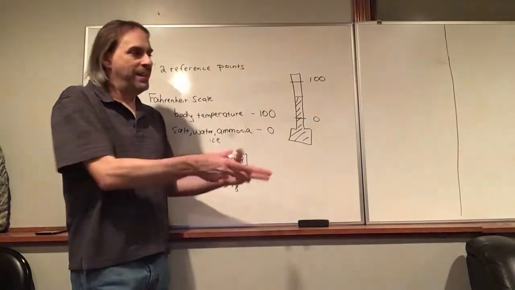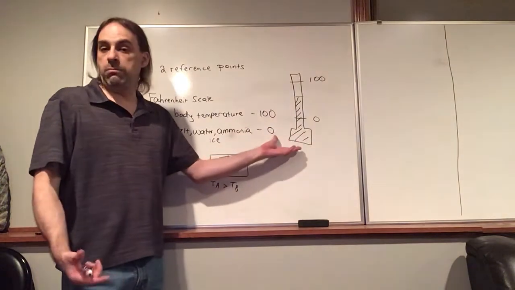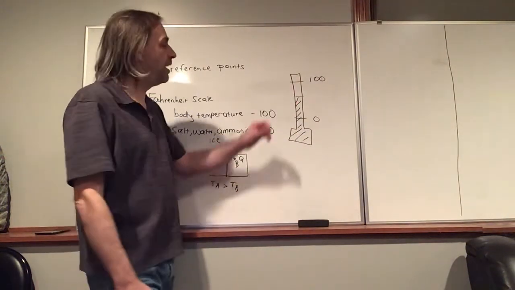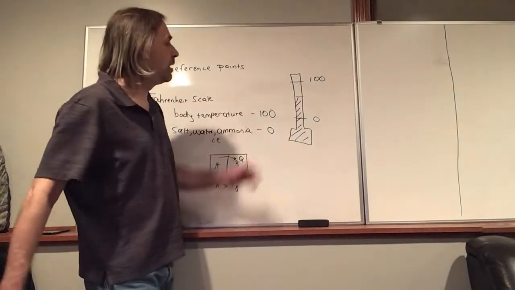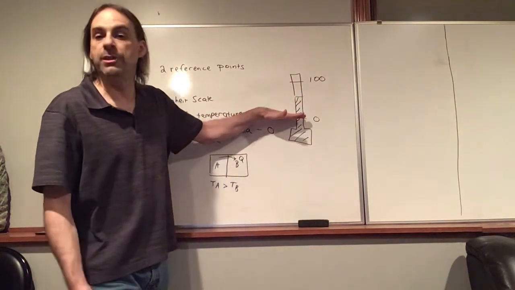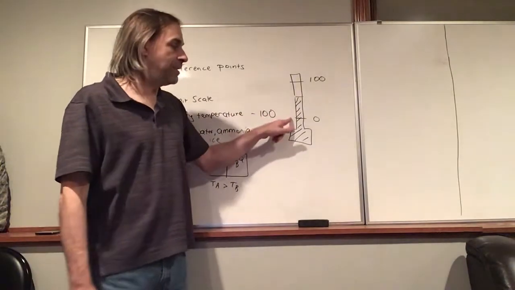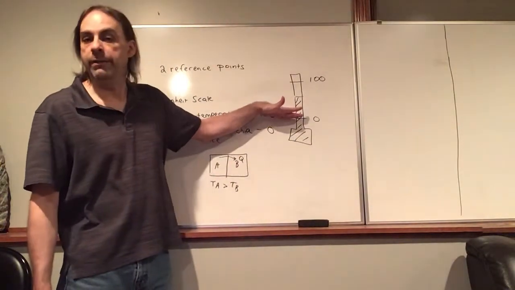So you put it in this mixture, and the mercury inside the thermometer is going to get cold, and it's going to lose volume. It's going to shrink, and so this level is going to go down. And whatever level it settles at, once it's in thermal equilibrium with this mixture, it's at 0 degrees by definition, so we can mark our line right there.